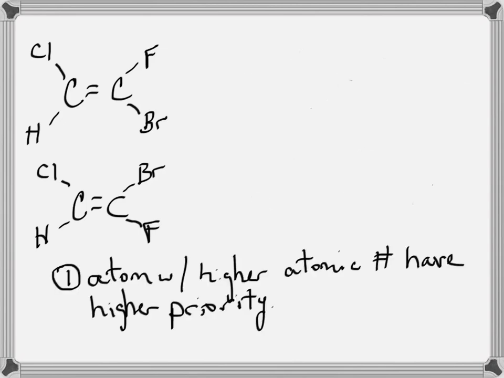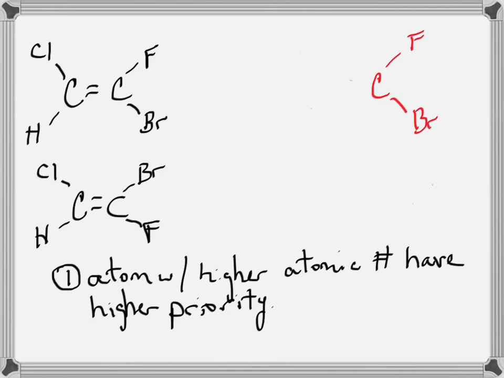So the first rule is atoms with higher atomic number have higher priority. And so what you do is you take one of the carbons of the double bond, so I'll take the one on the right here on that top structure, and attached to that is a fluorine and a bromine. And we look at the fluorine and bromine. So we look at the atom directly attached to the carbon of the double bond, and we figure out what is the atomic number.